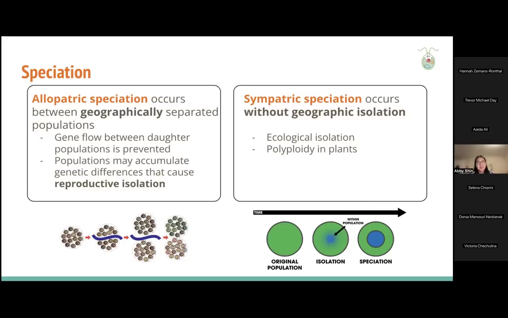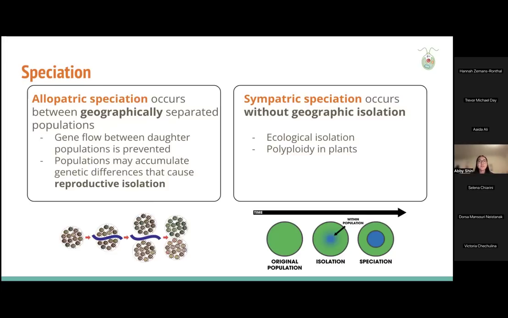Over time, these two distinct groups might diverge in their gene flow. So essentially they'll accumulate different mutations and have genetic differences to the point that they may not be able to come back together to reproduce with each other again, even if they were initially the same species.